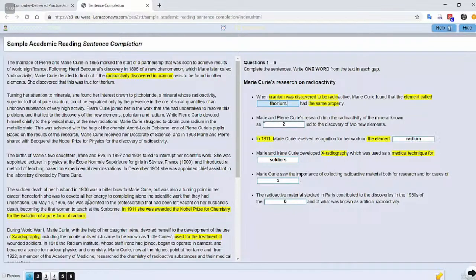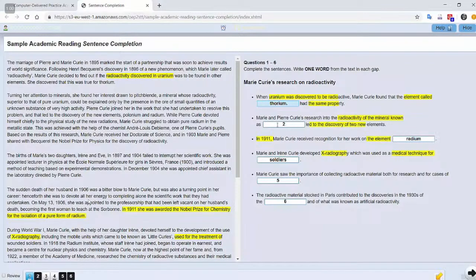Number 2, Marie and Pierre Curie's research into the radioactivity of the mineral known as. So we're looking for the radioactivity of a mineral known as, that led to the discovery of two new elements, right?